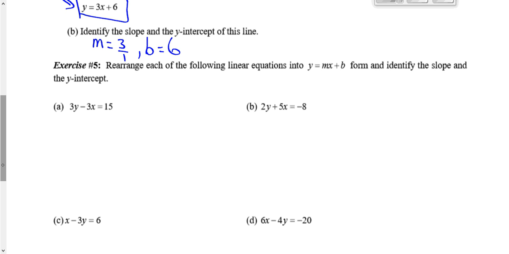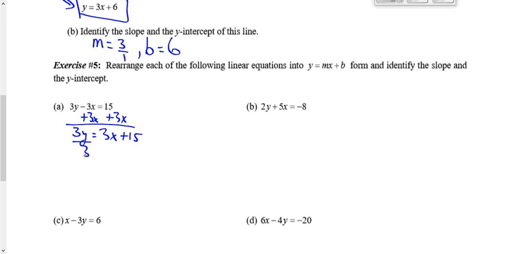Y. So let's get rid of the 3, get the 3x over there. So we'll add 3x to both sides, which gives us 3y equals, can we combine these? Are they like terms? No. 3y equals 3x plus 15. I'm going to start with the 3x, use the commutative property right out of the gate. And now what do we do?